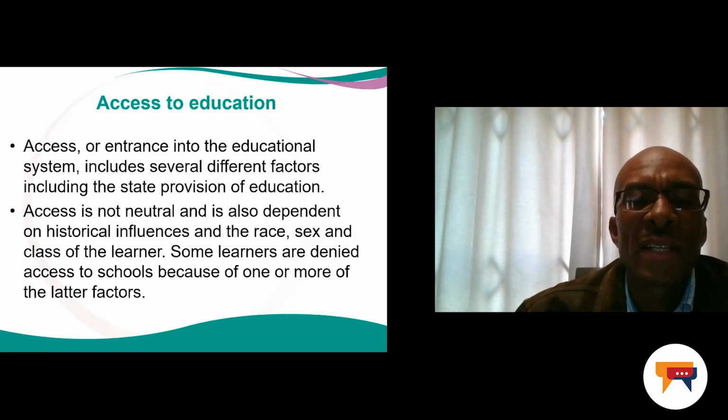It's also dependent on the historical influence, race, sex, and class of the learner. Some learners are denied access to schools because of one or more of the latter factors.